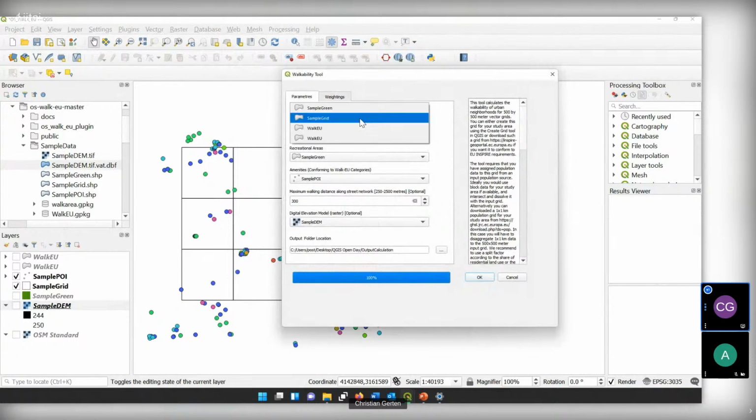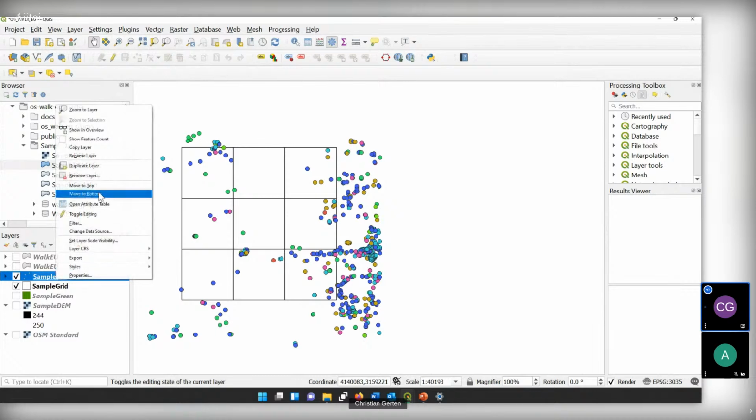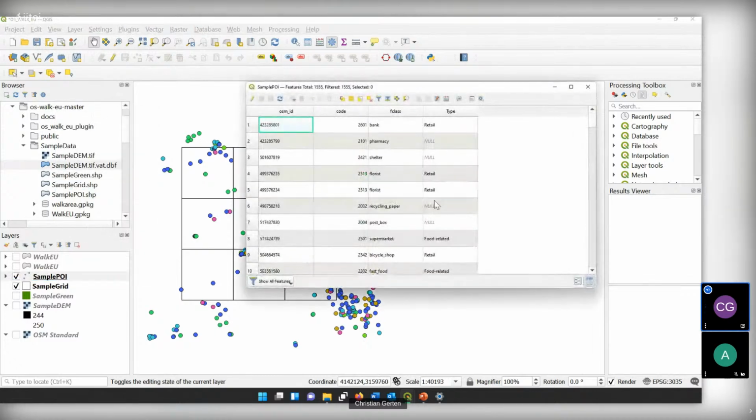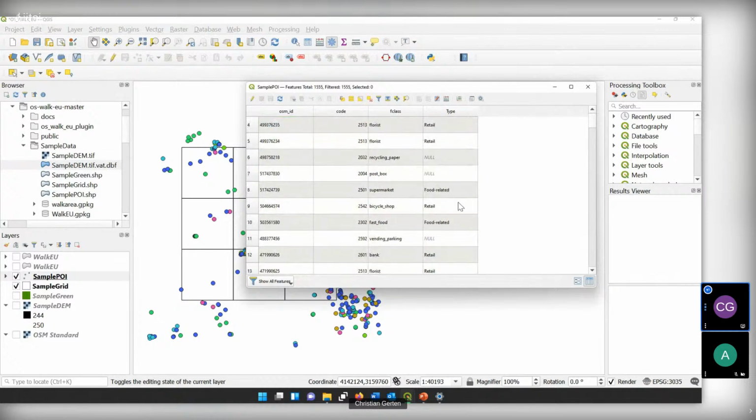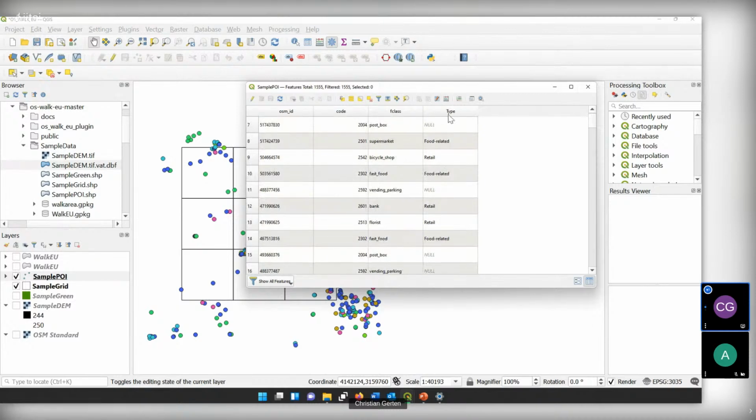Here we have an input grid, which is our sample grid with the field called population. We have some sample green areas here, and the POIs, which are classified. I can show it before I ask the question here. So here all our F classes are classified, for example, florist is retail, supermarket is food related, and so on. We need this field type so that the tool knows how to classify this F class.